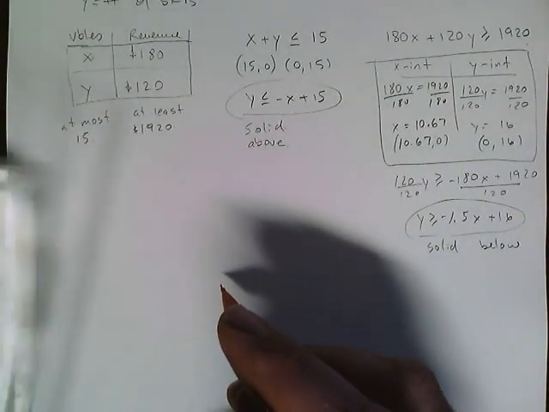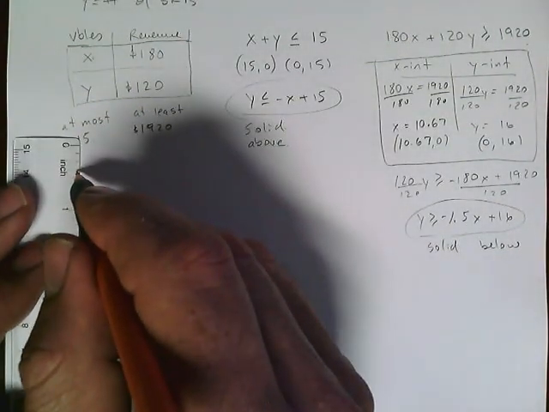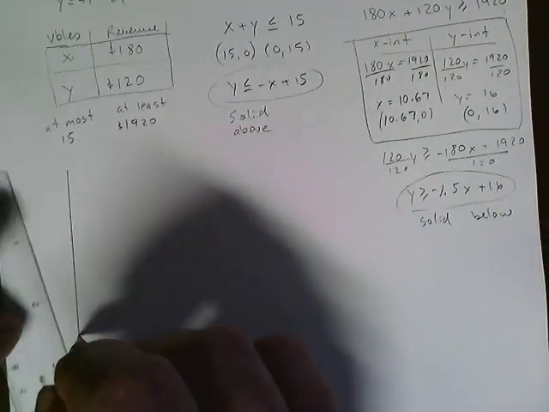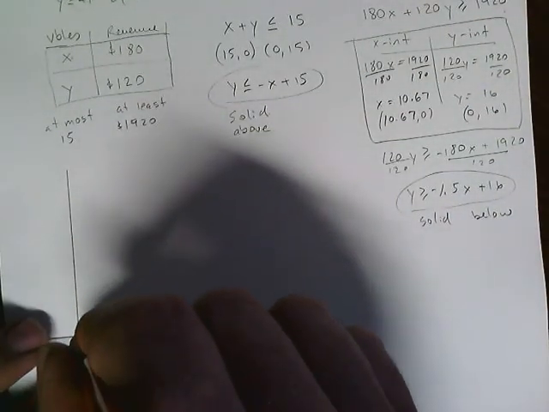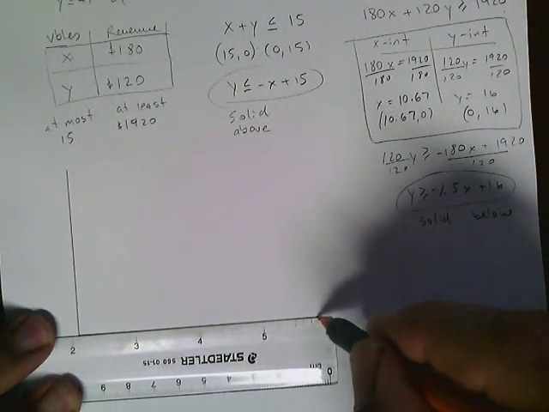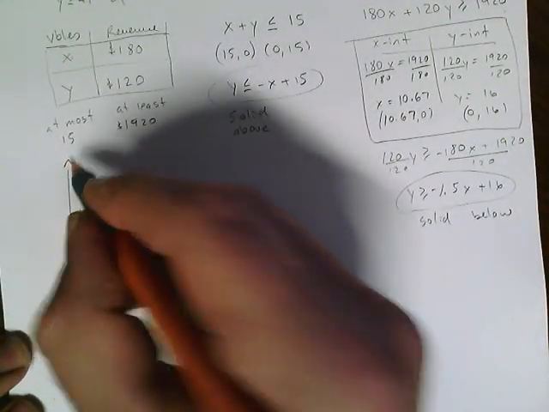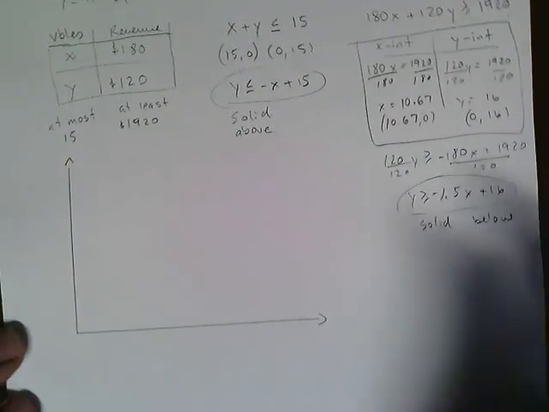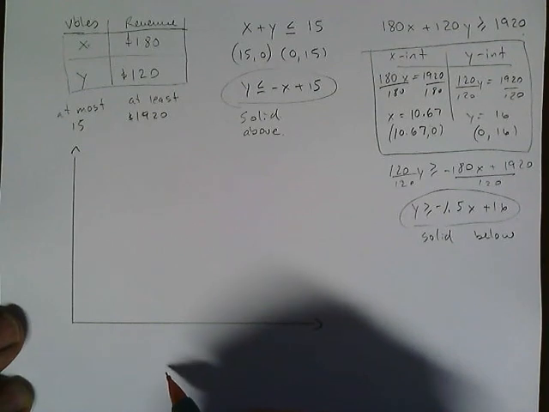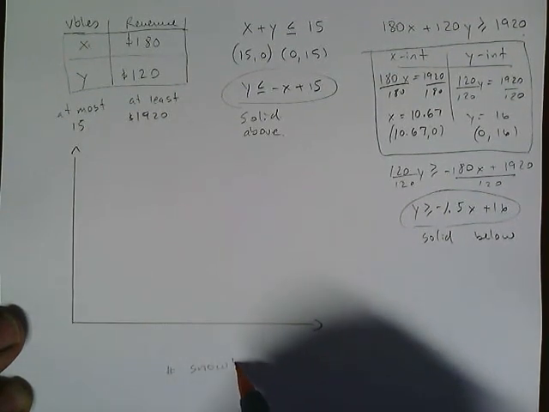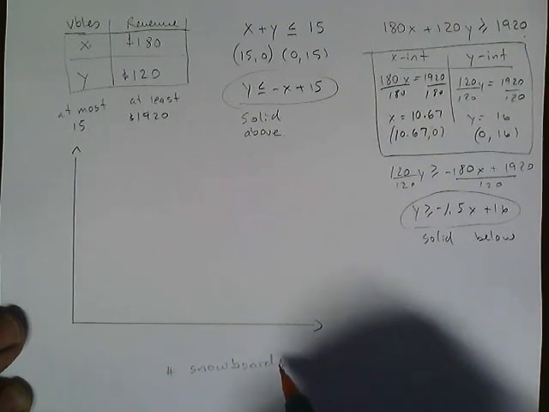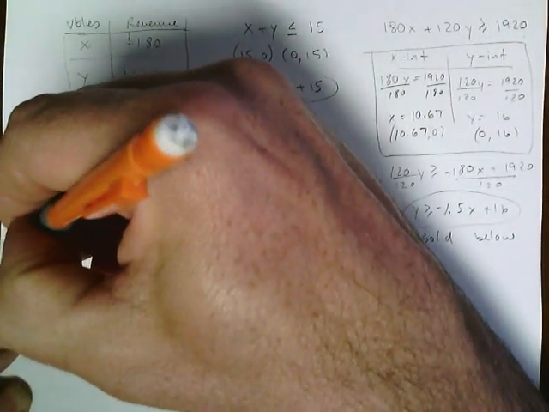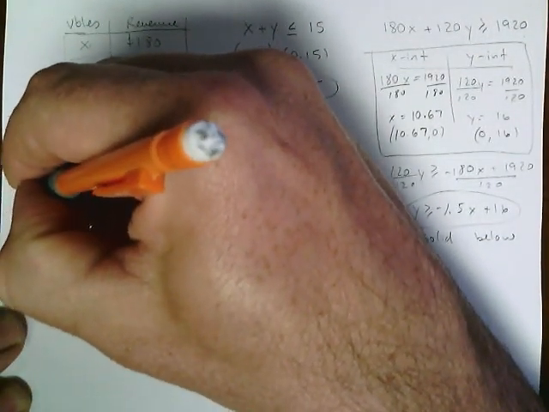And remember, this is a word problem, so we stick with this. And you have your x and y coordinates, so make sure you label number of snowboards, number of skis.